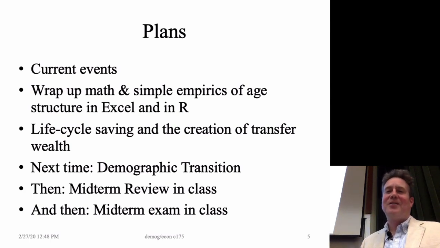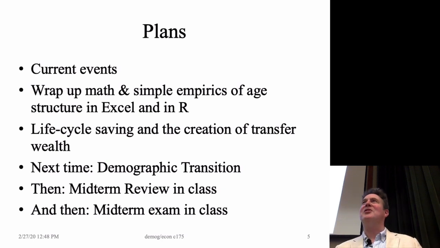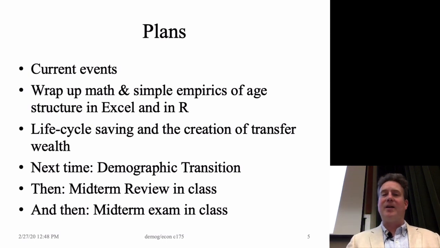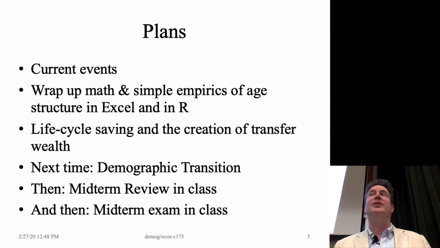So what are we going to do today? I wanted to touch on the latest in the continuing saga, like a soap opera, really, of the coronavirus. We can still laugh about it now, and I hope we will continue to be laughing about it in the future. But of course, there are many reasons to be a bit more sober. We're going to wrap up the math and the simple empirics of age structure, looking at some stuff in Excel, maybe a little bit, and also in R. We'll talk about the life cycle saving perspective and the creation of transfer wealth, and that, in shorthand, is Social Security in the United States.